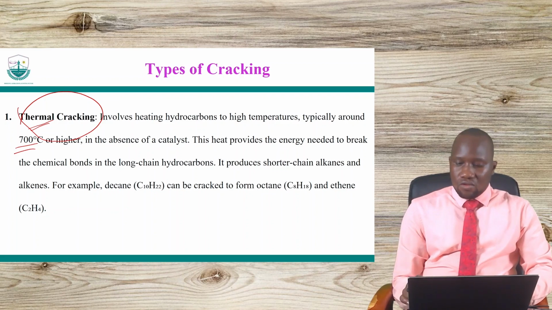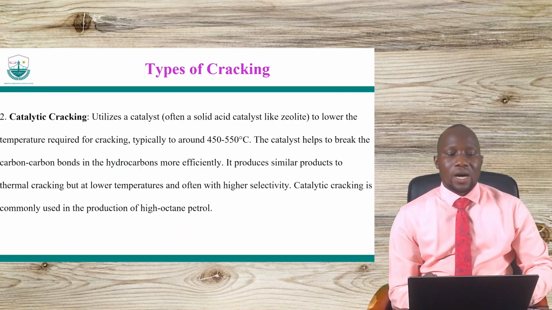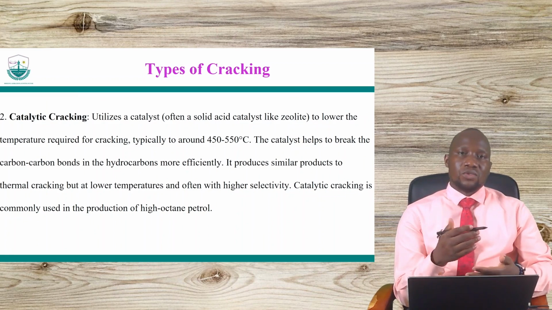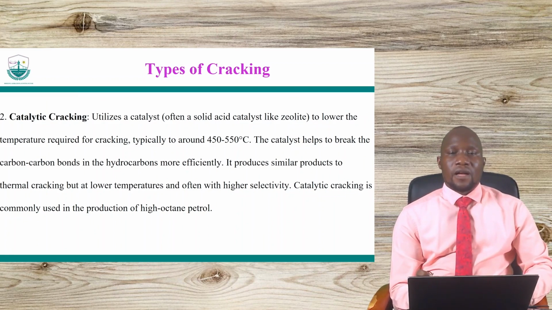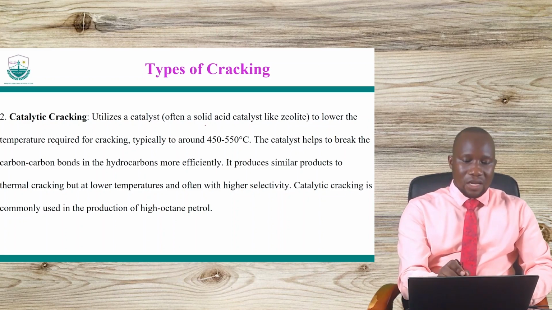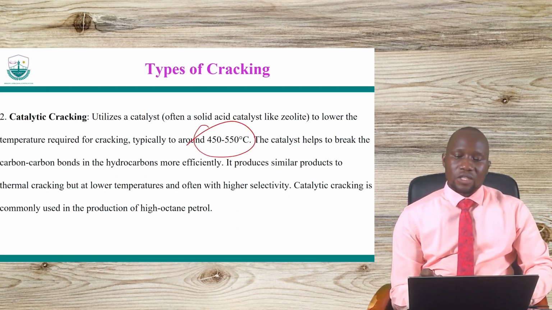And then you can also have what you call catalytic cracking, which is about using a catalyst. With this, you basically don't need higher temperatures. Since you have a catalyst, you can use around 450 to 500.